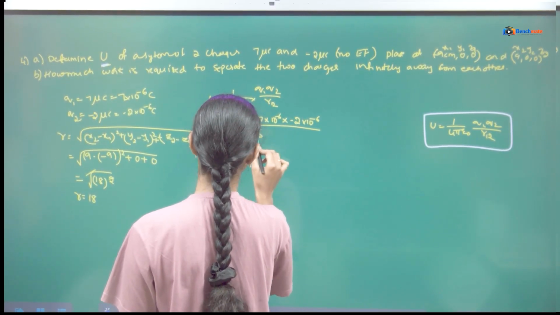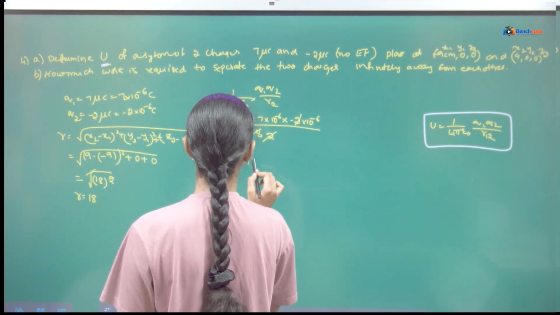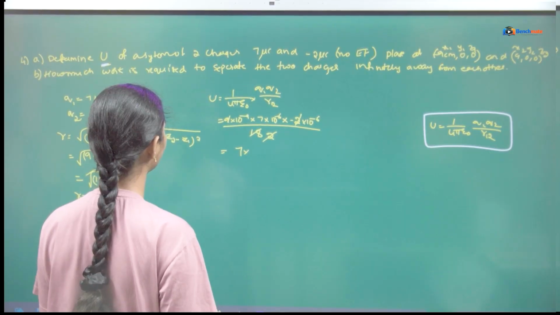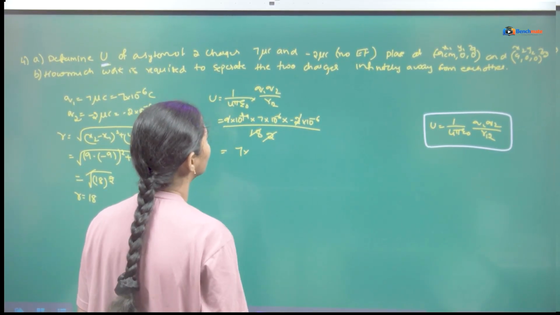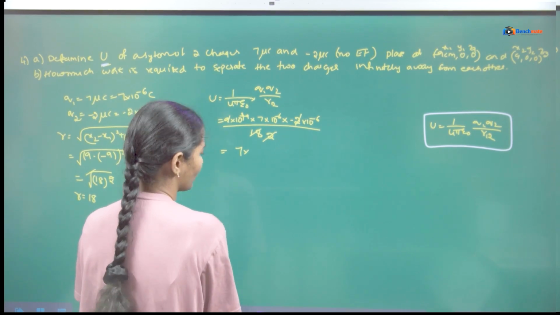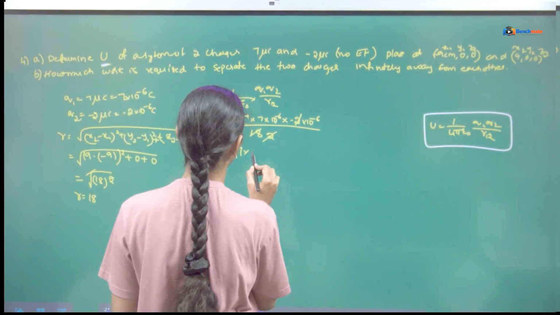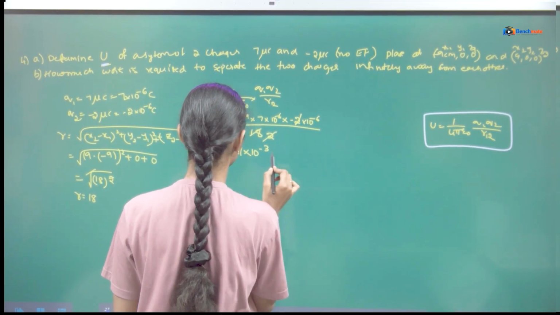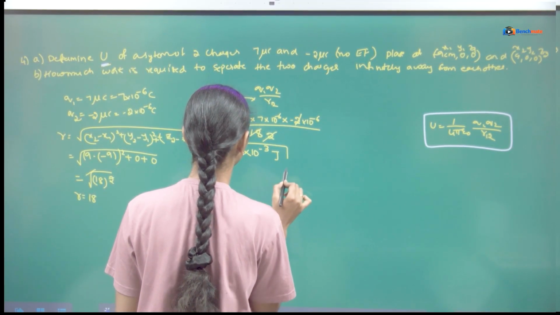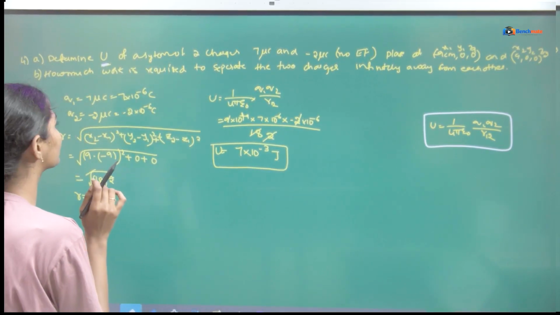So 9 ones are 9, 2 twos are 2, 7 into all; it is negative. 9 into 10 power 9 plus 9; 6 plus 6 is 12, 9 minus 12 is 3, so 10 power minus 3 joules. So U is minus 7 into 10 power minus 3 joules. That is the first question's answer.